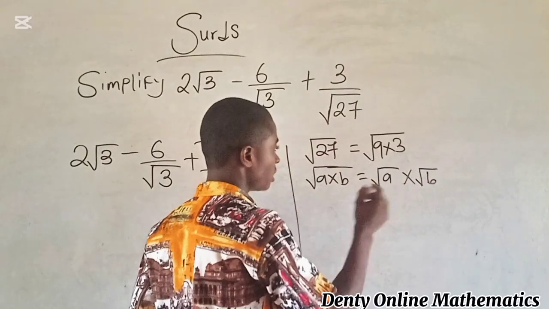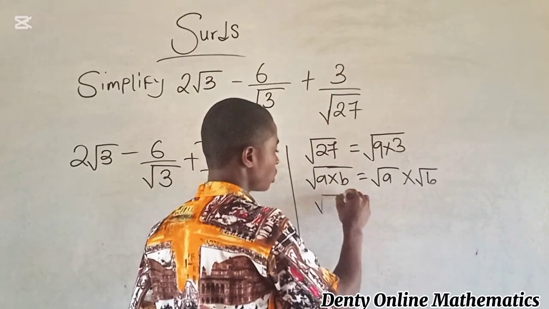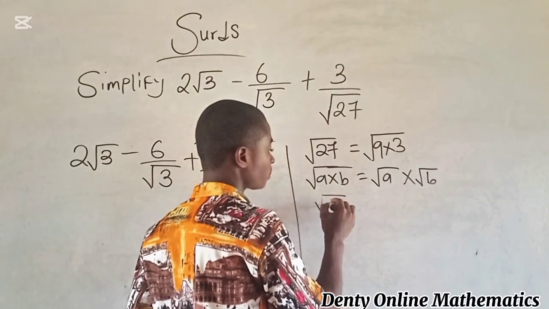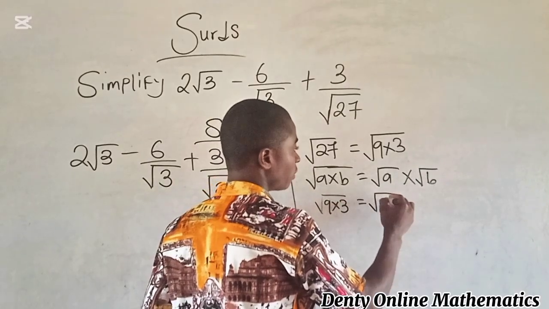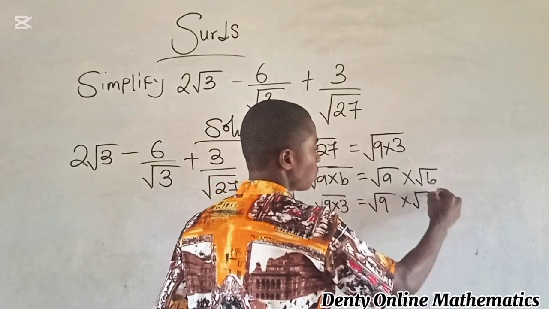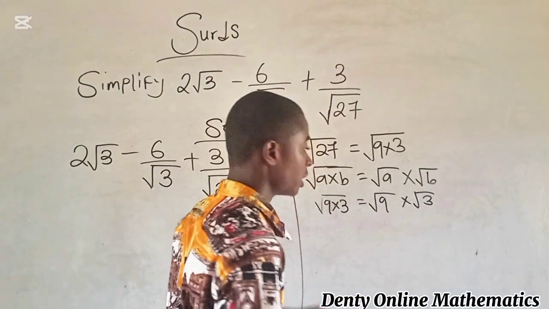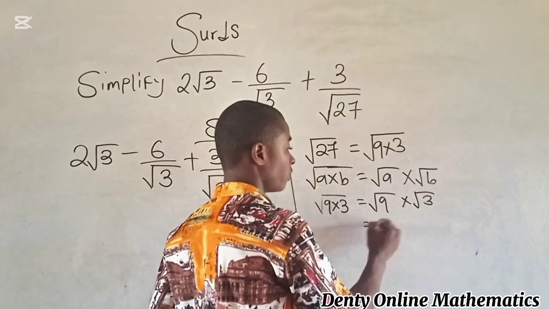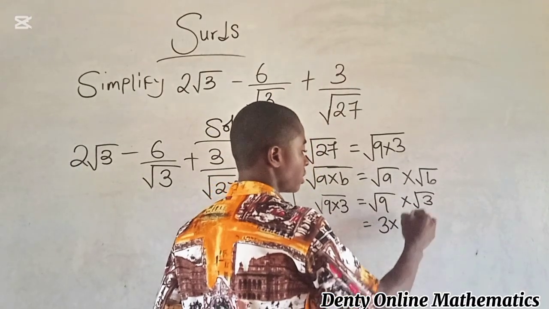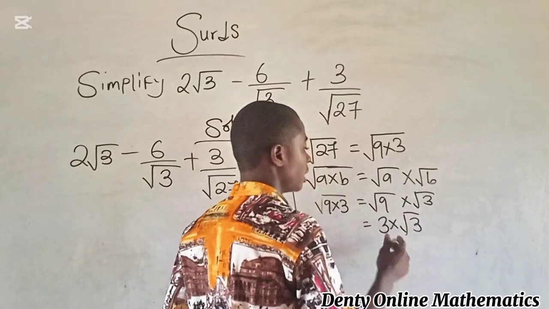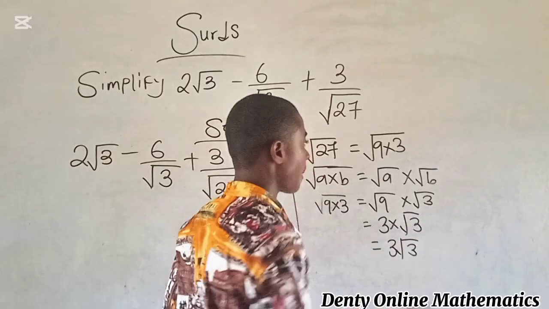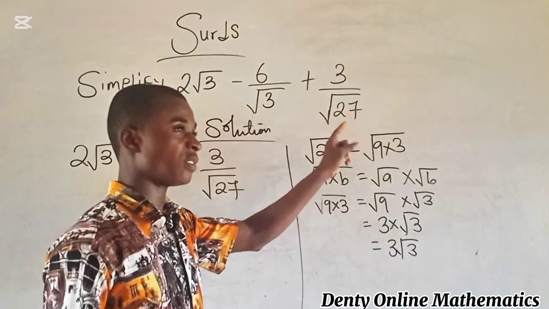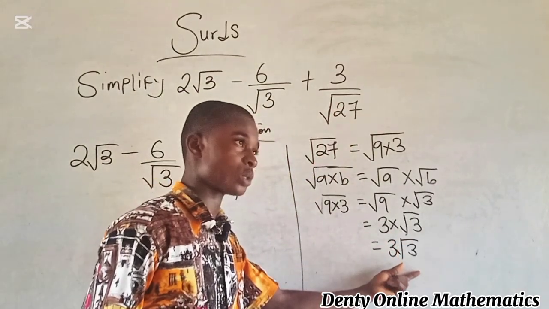To do this now, by this rule, the square root of 9 times 3 is the same thing as the square root of 9 times the square root of 3. Now we all know that the square root of 9 is 3, times root 3. Now 3 times root 3 will give us 3 root 3. So to simplify 27, we are going to have 3 root 3.